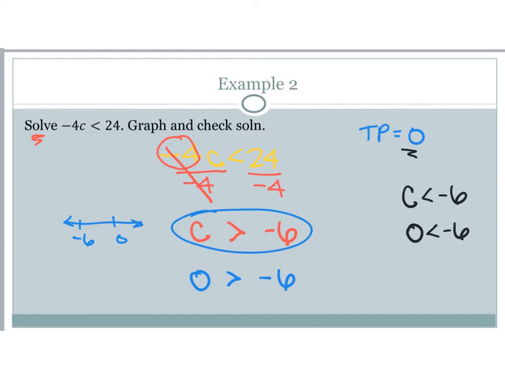I would suggest that you go back and say, oh, I did divide by a negative number. That means I need to reverse my inequality, so this is in fact incorrect. The same thing will hold true if we multiplied by a negative number. If we multiply by a negative number, you also have to reverse that inequality symbol as well.